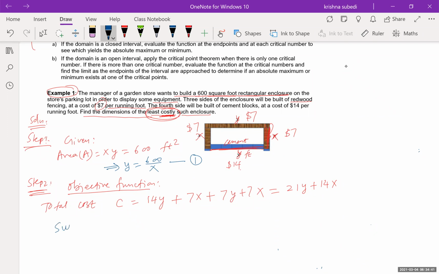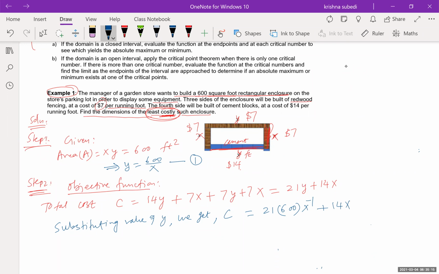Now, substituting the value of y, we get the cost function equals 21y, and y means 600 x to the power -1, plus 14x.